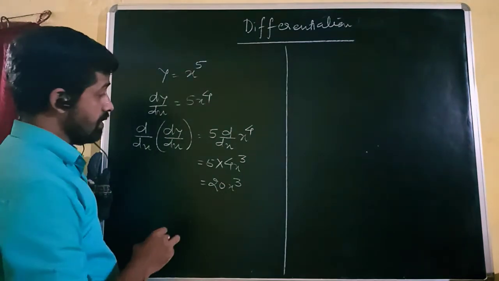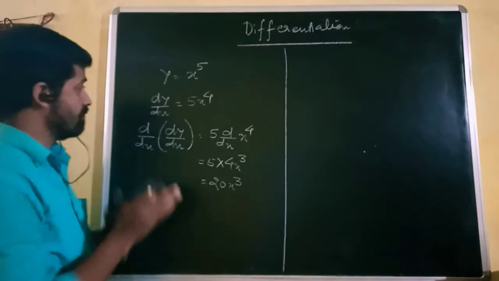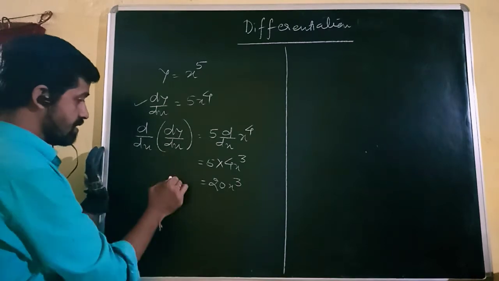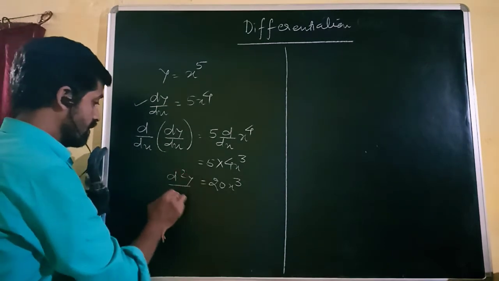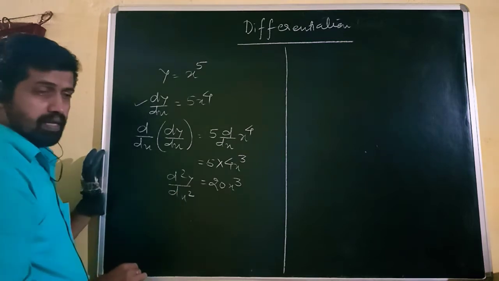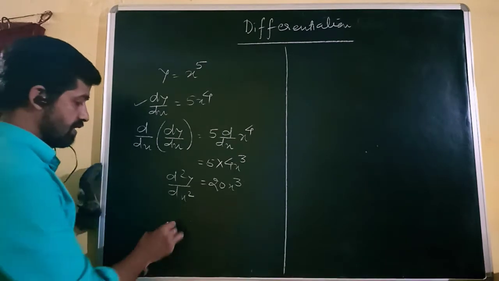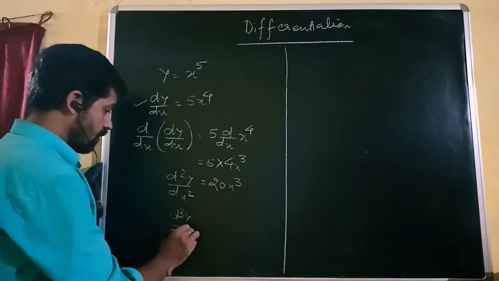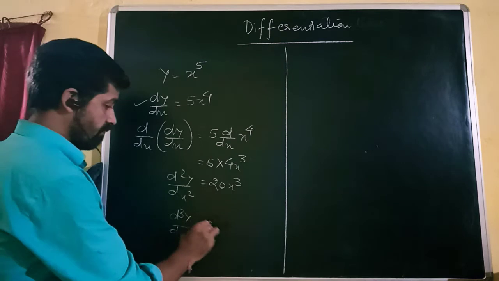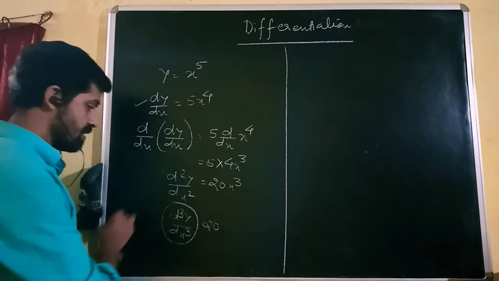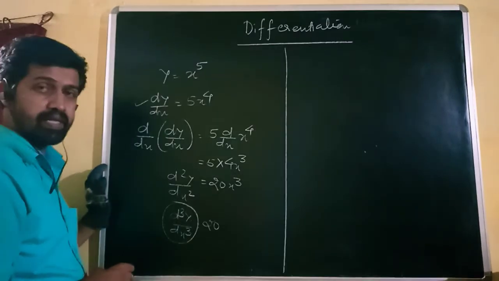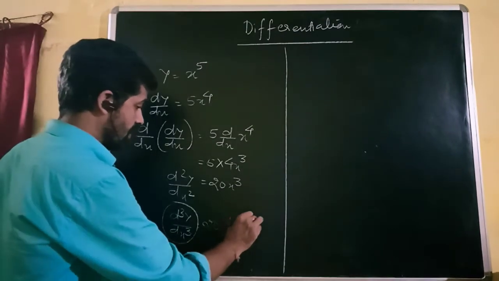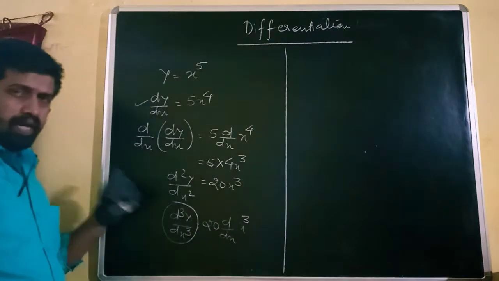So here we proceed from first derivative to second derivative, which is written in simplified form this way. If we differentiate further, going for third order derivative, we will write this as d cube y upon dx cube, and then differentiate it further to get the higher order derivative.